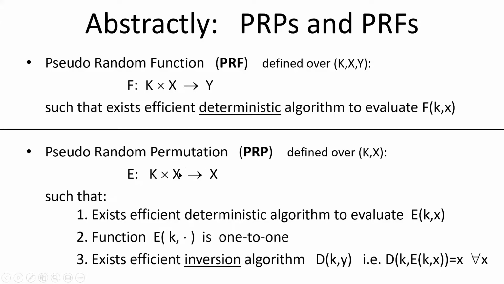So inversion exists, but what we also ask is that not only that the inversion exists, that there is an efficient algorithm called D, which inverses E. Inverses in the following way. So for any K and any x, if you run E on x, and then you feed it to the D, you get back x. So this is the same notion of inversion that we had before, of how decryption inverses encryption. But now it's about deterministic algorithms.